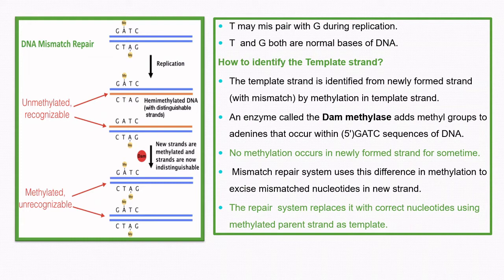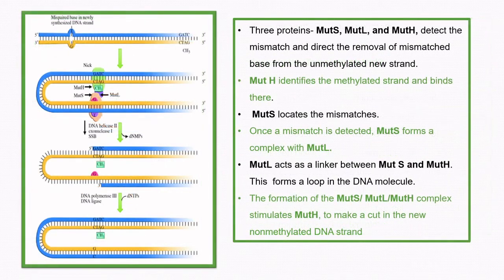It is the newly formed strand which carries the abnormal base or mismatch. So the enzyme has to recognize which is the template strand and which is the daughter strand, and it uses the methyl pattern to recognize it. The template strand is methylated and the newly formed strand is unmethylated, and that is what is recognized by the enzyme. Now let's see the repair process.